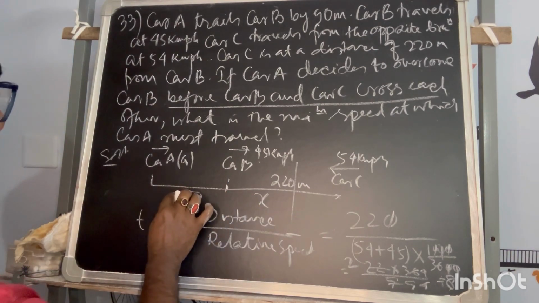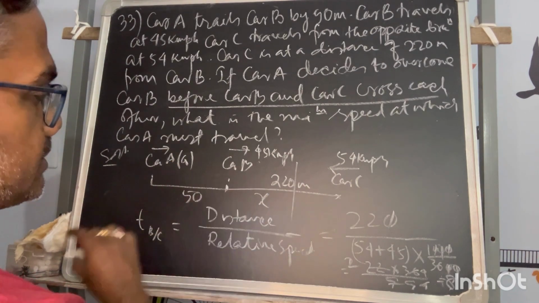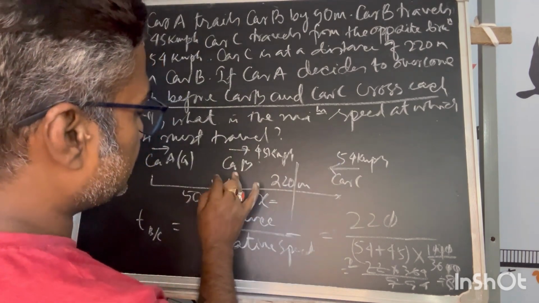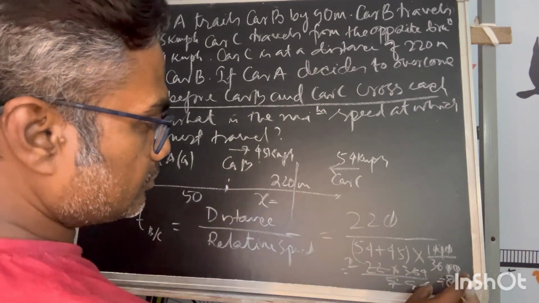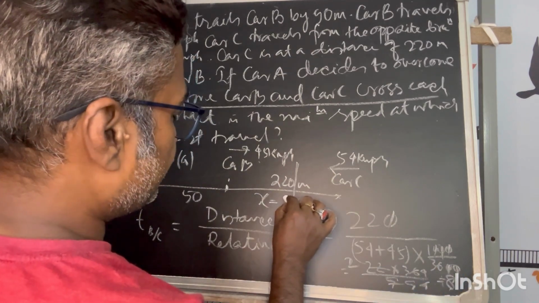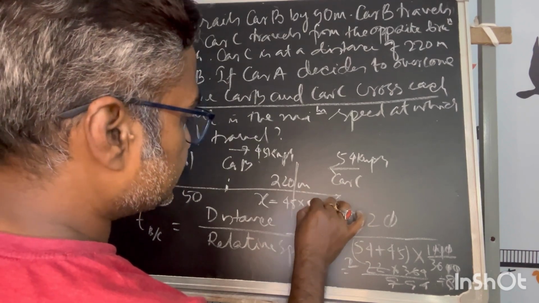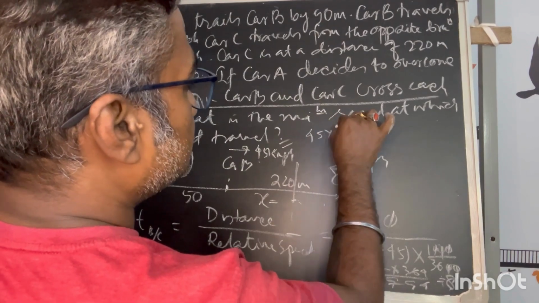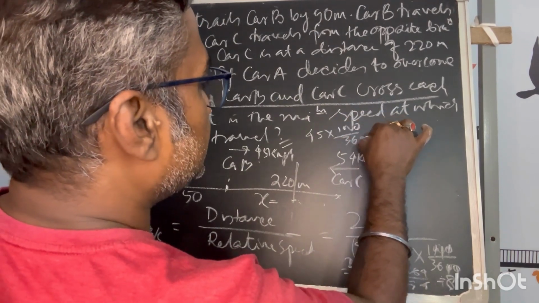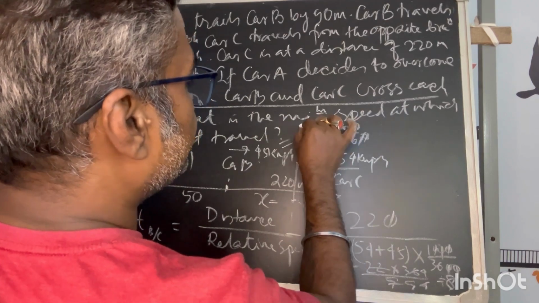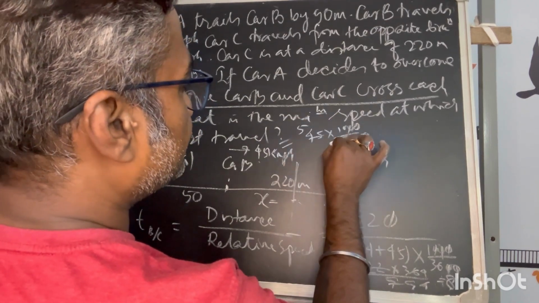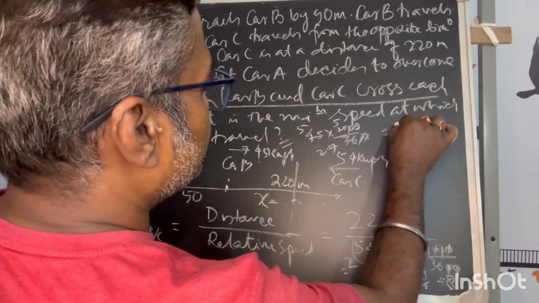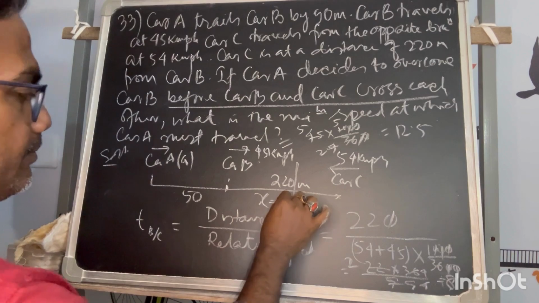So in 8 seconds A has to move 50 plus x distance. But x can be easily calculated, because x is equal to the speed of B into the time taken to meet. So x is 45 into 1000 by 3600 into 8, which is 12.5 meter.